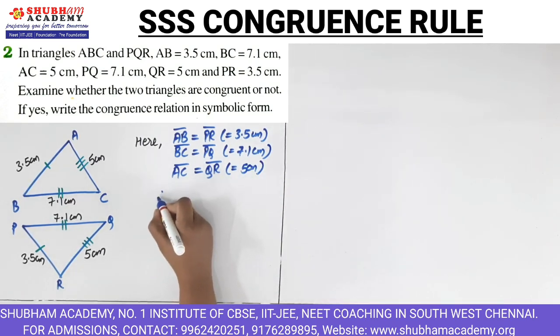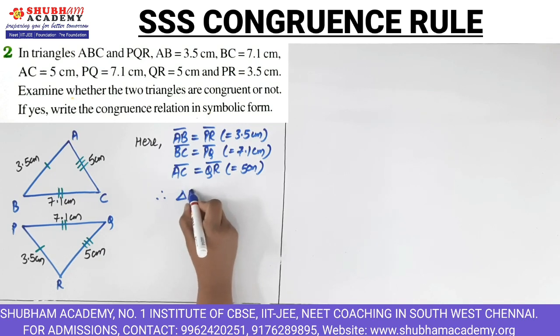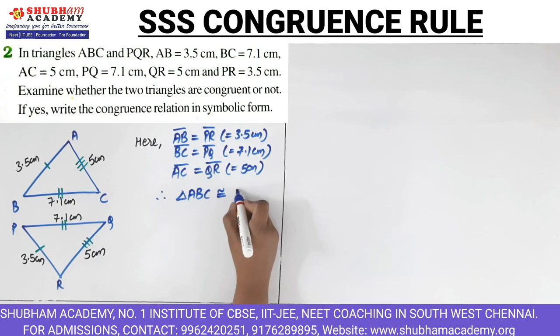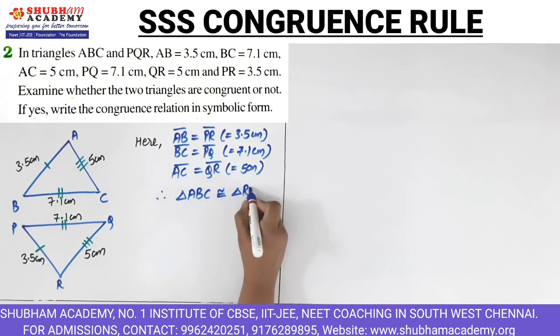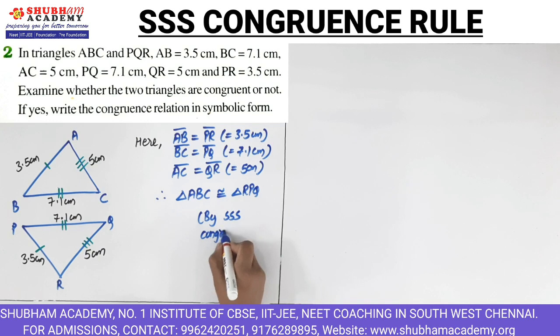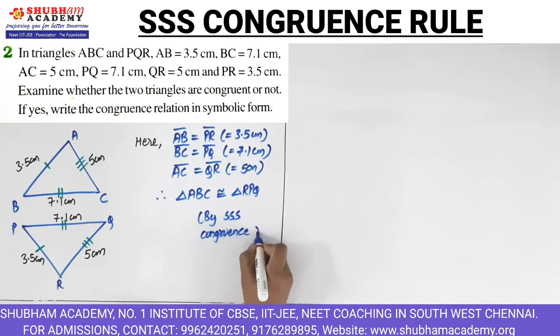So therefore we can write, triangle ABC is congruent to triangle RPQ by triple S, that is side, side, side congruence rule. By triple S congruence rule.